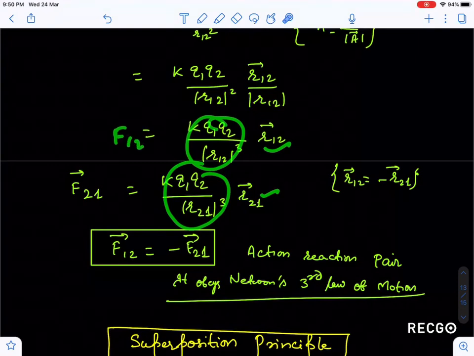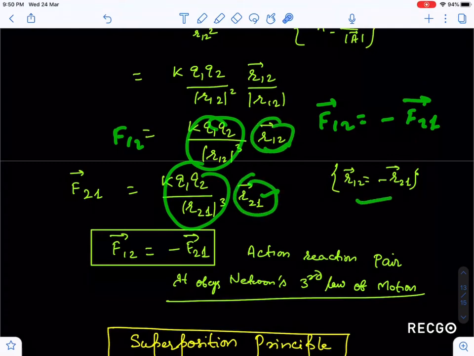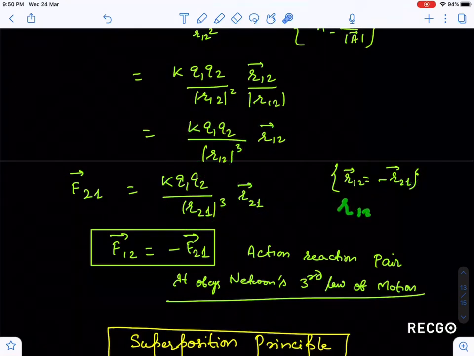So can I write F12 vector is nothing but minus F21 vector, because r12 and r21 have the relation r12 equal to minus r21. So I have substituted the value, and from equations 1 and 2 we can write that F12 is equal to minus F21. This forms an action-reaction pair, and that is why it obeys Newton's third law.